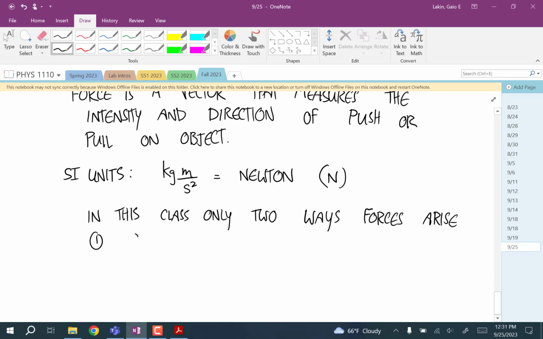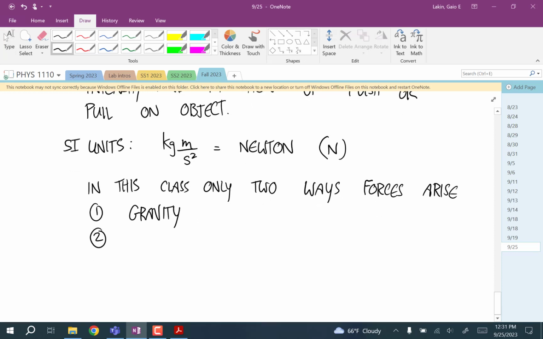The first one is gravity, that's the weight force. And the second force is contact between the object and its surroundings.